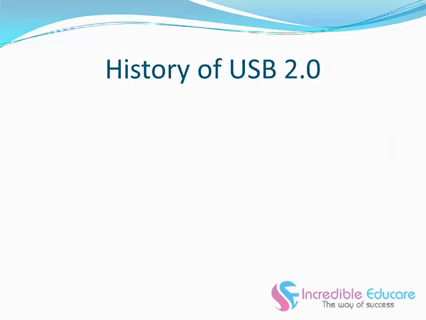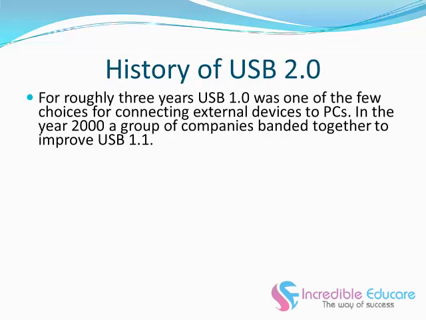History of USB 2.0. For roughly 3 years, USB 1.0 was one of the few choices for connecting external devices to a PC. In the year 2000, a group of companies banded together to improve USB 1.1.